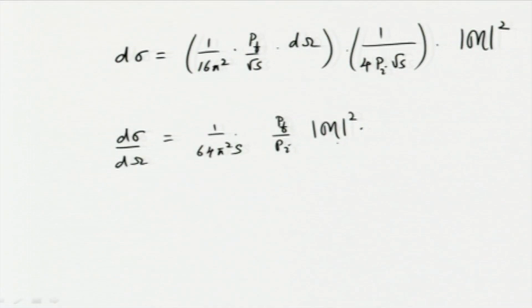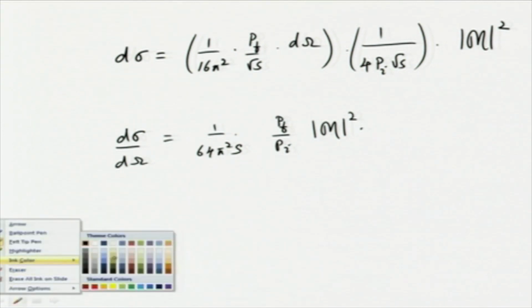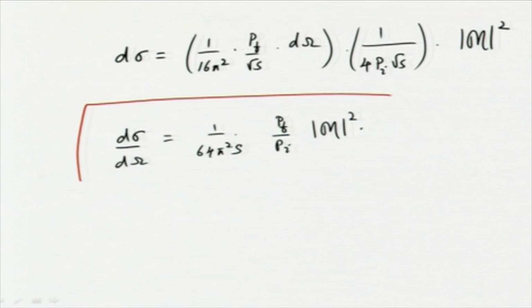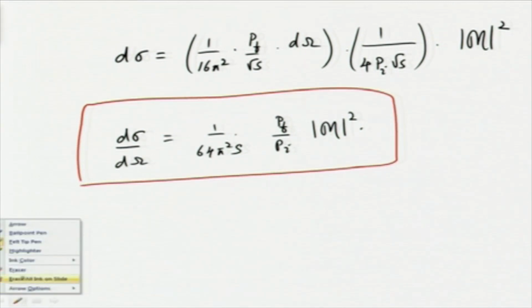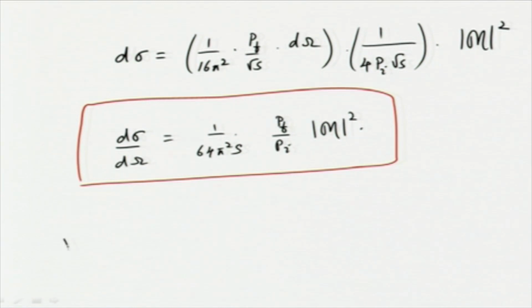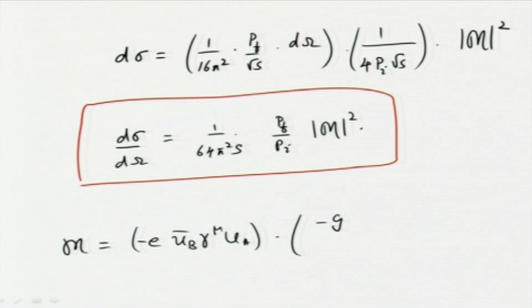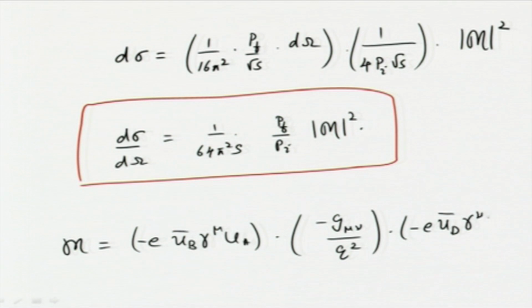So, this is the differential cross section, and we will remember this, we will come back to this, but now we will give our attention to the M square, where M we had written as minus e u_b bar gamma mu u_a for the first current, minus g mu nu over q square, which is the propagator factor, and then the second current u_d bar gamma nu u_c.